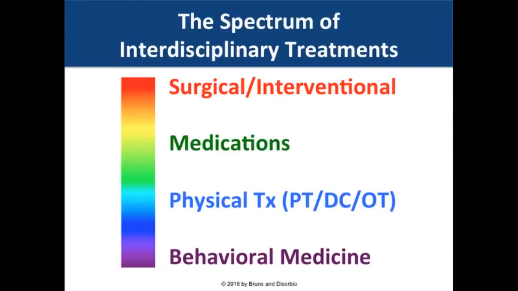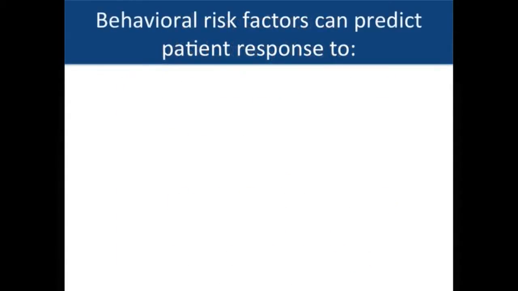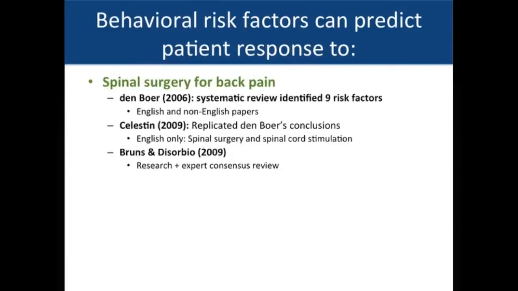There's a good deal of research showing that behavioral risk factors can predict the patient's response to various types of surgical procedures. Here I want to reference 3 noteworthy studies. First of all is the Dunboer 2006 study, which is a systematic review of psychological risk factors affecting spinal surgery outcome.